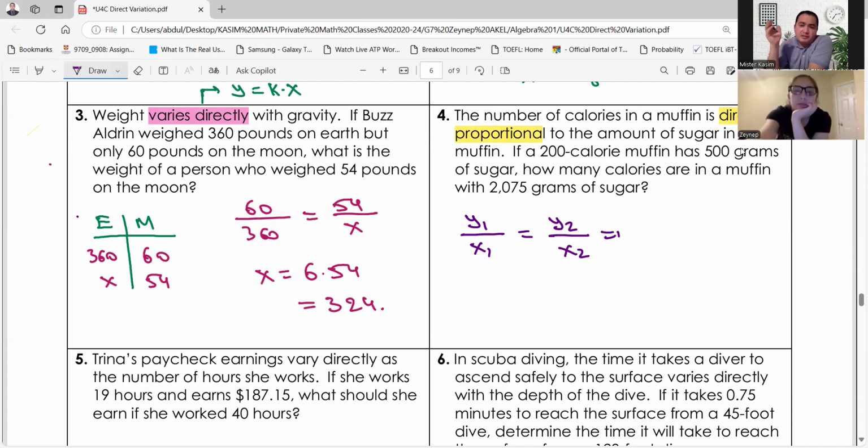Now I'm calculating the calories, so this 500 is x and 200 calories is y. So here we have 200 calories in 500 grams of sugar. And how many calories are in a muffin with 2,075 grams of sugar?